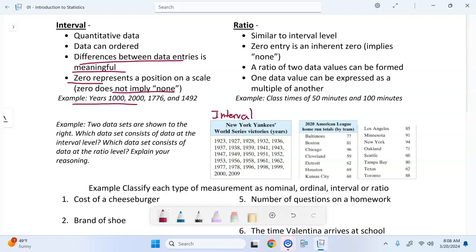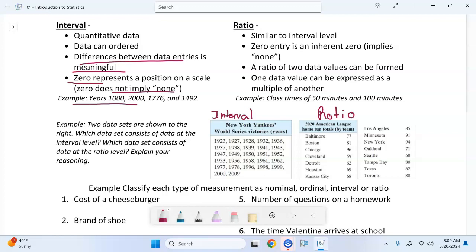What about with the second list, the number of home runs? How do we know it's ratio and not interval? Say none. No home runs. 0 means there are no home runs. And then we could also do other computations. There's a meaningful difference between the values. Boston got 4 more home runs than Baltimore.